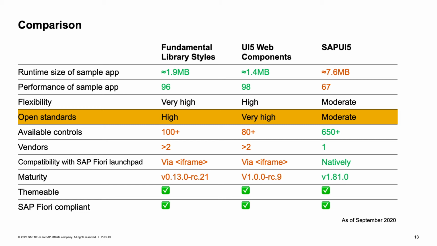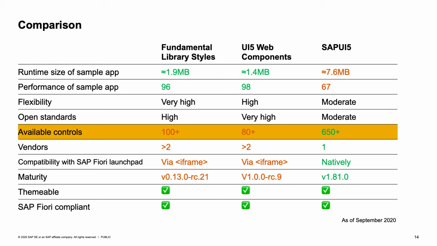Fundamental library styles has a larger abstraction layer, which also means more work needs to be done if you want to support a new framework that might be invented in a couple of years, or also if there happens a breaking change in that framework.